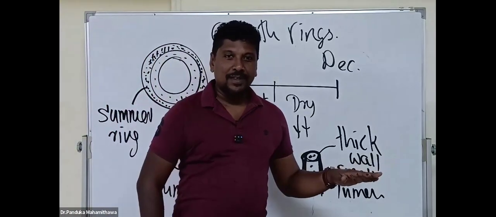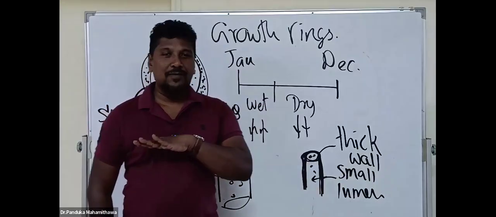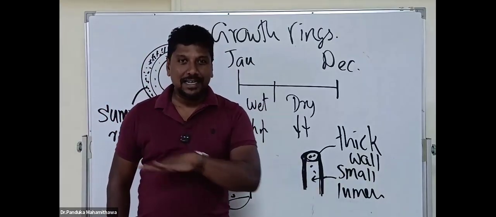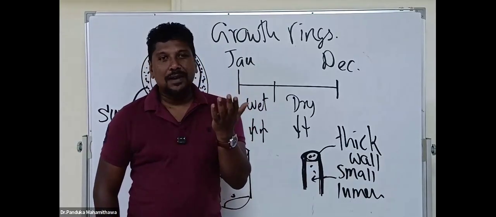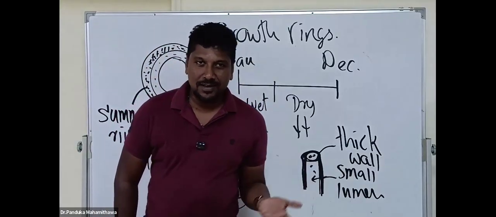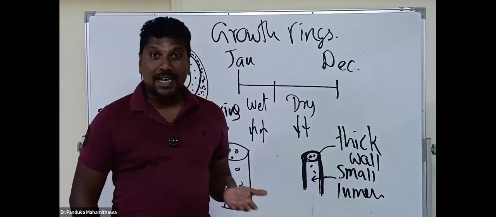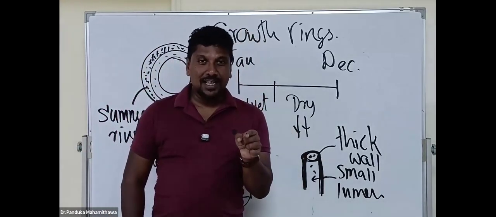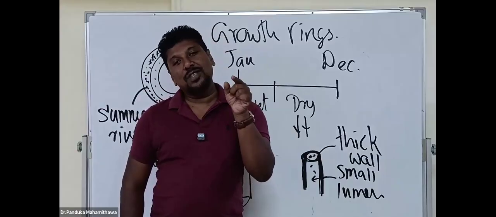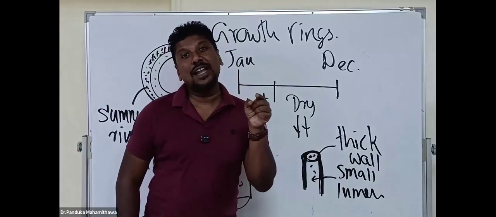Likewise, these growth rings can also be used to calculate the age of the plant after cutting it. If your tree is cut for whatever usage at your home, you can go and count these growth rings, and by counting them you can say the age of that plant.